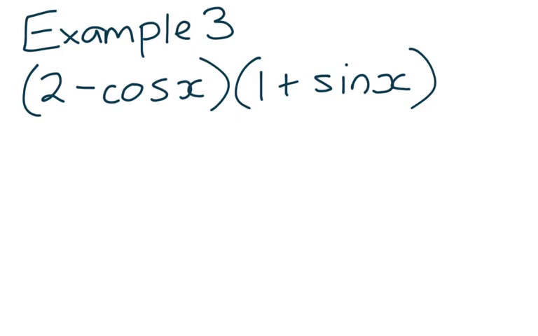This next one is a bit more of an obvious product rule type question, because you've clearly got one function multiplied by another function. So when we do the derivative of the first, we're looking at the derivative of negative cosine x, which is going to be positive sine x, multiplied by the second.